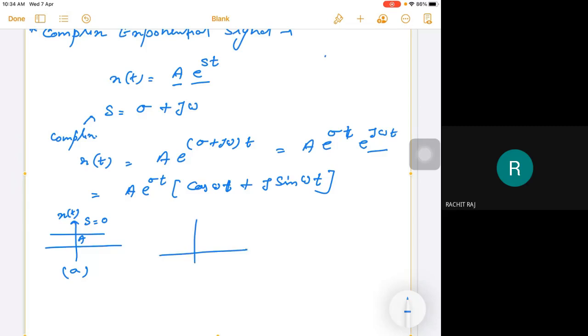Second one, B plot, draw yourself, and you will find out what is happening here. When this is your minus sigma, we already saw this type of structure before, and when this s is plus sigma, that will be increasing. Here is t.